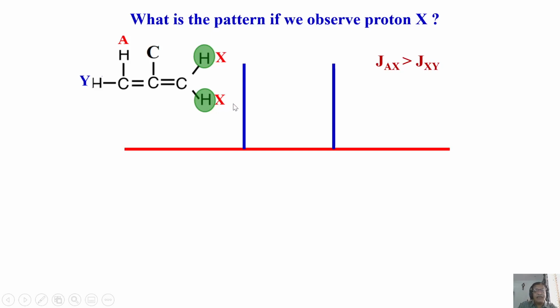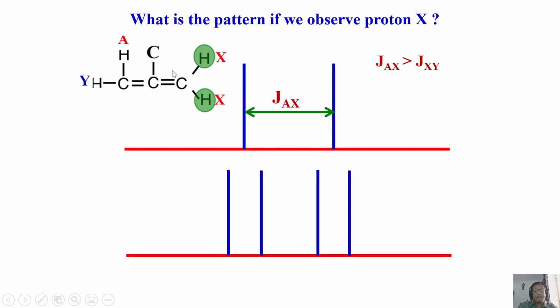Then comes XY. XY is also a doublet, but this coupling strength is smaller, you see. So first it is split into a large doublet because of proton A, and each line of this doublet is split into further doublets because of coupling with proton Y. Alternately, you can take the center of this doublet and measure, you get JAX.